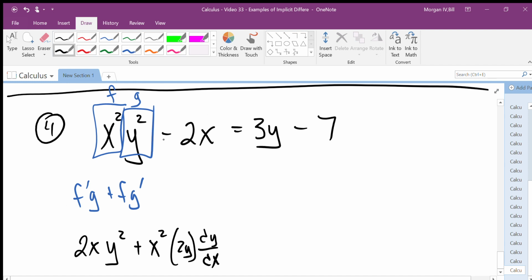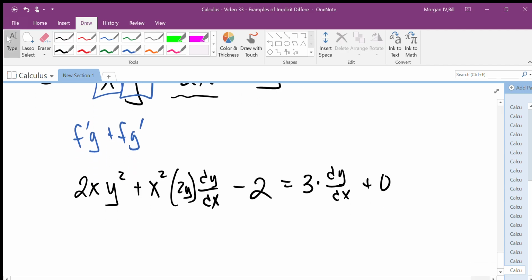Now I have the derivative of negative 2x, which is just minus 2. Again, no need for the dy dx because this is the derivative of x. Equal to 3y, that would be 3 times the derivative of y, dy dx, and then the derivative of 7, 0.